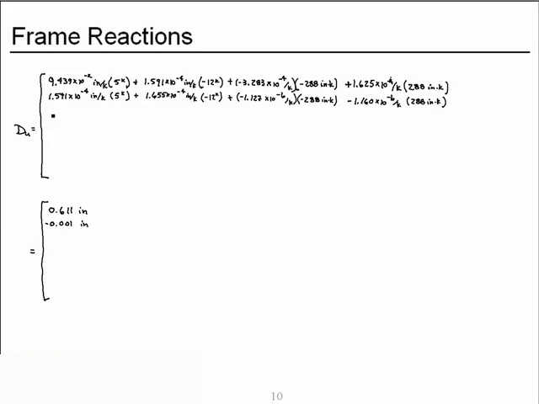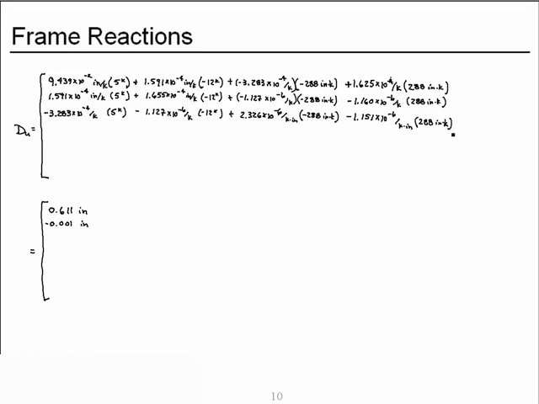Now the next row. Negative 3.283 times 10 to the minus fourth per kip times 5 kips minus 1.127 times 10 to the minus 6 per kip times the minus 12 kips plus 2.326 times 10 to the minus 6 per kip inch times the minus 288 inch kips minus 1.151 times 10 to the minus 6 per kip inch times the 288 inch kips.